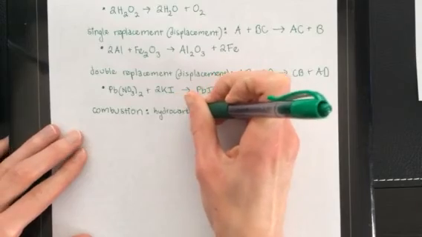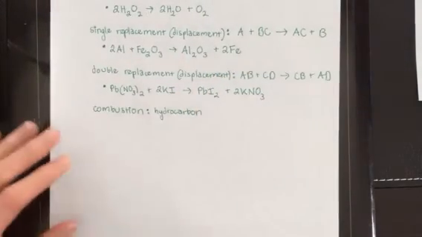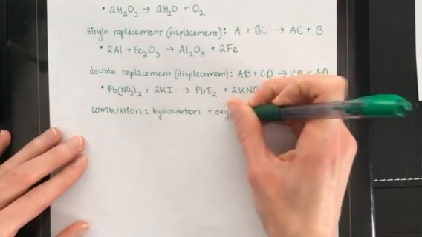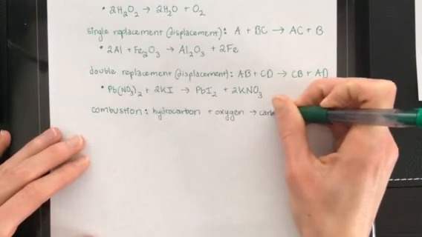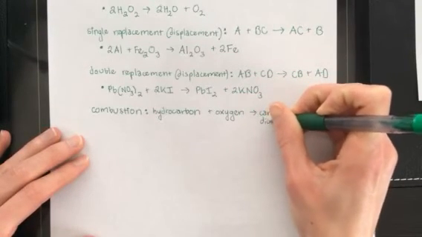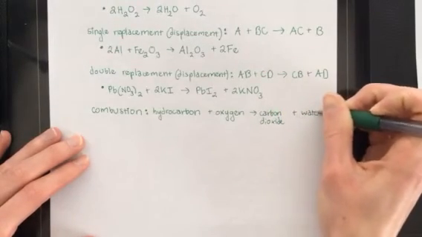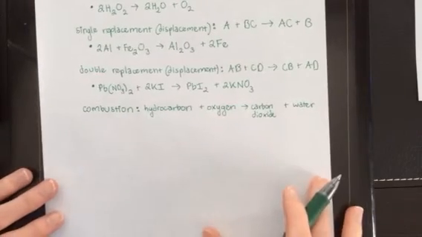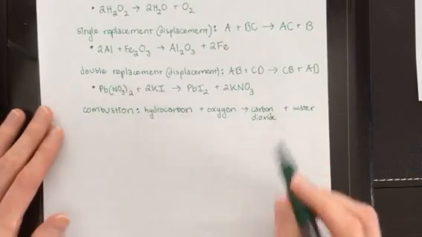And when I say hydrocarbon, I just mean a chemical that's made out of hydrogen and carbon, which makes sense, plus oxygen, forming carbon dioxide and water. So whenever you burn a hydrocarbon, which is a lot of things that we use as fuel, you make carbon dioxide and water.